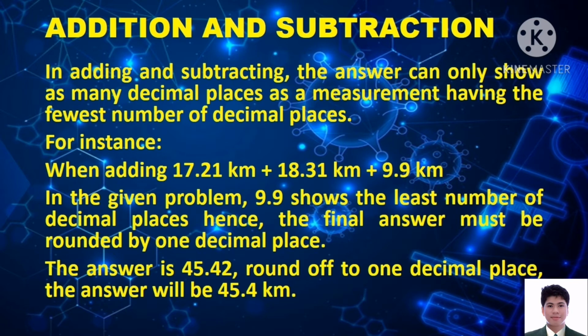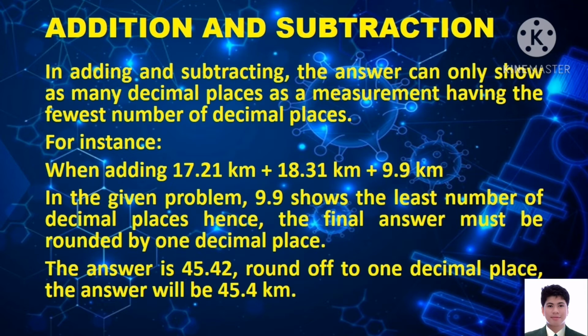Learners, moving on now to addition and subtraction. In adding and subtracting, the answer can only show as many decimal places as the measurement having the fewest number of decimal places. For instance, when adding 17.21 kilometers plus 18.31 kilometers plus 9.9 kilometers.